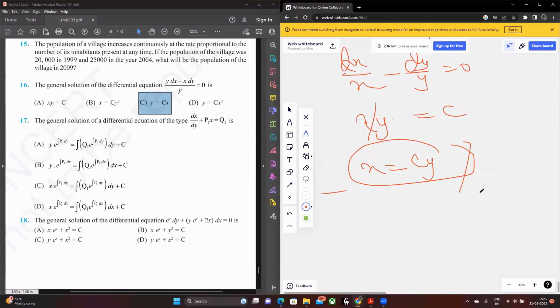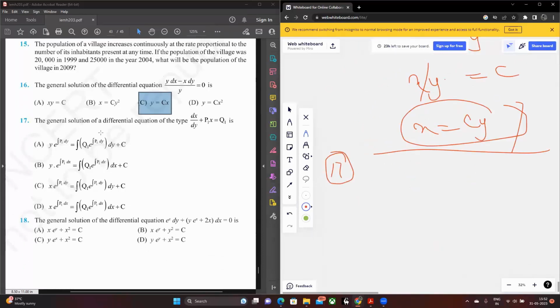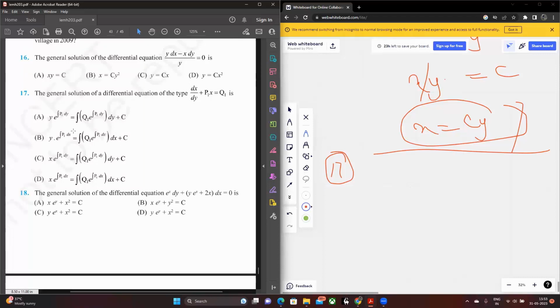17 goes like: the general solution of the differential equation of the type dx by dy plus p1 x is equal to q1. Theoretical question. This is basically x into the integrating factor is equal to the integral of q times the integrating factor. The integrating factor is e power integral of p1 dy, since p1 is a function of y. It's either a or c from here.